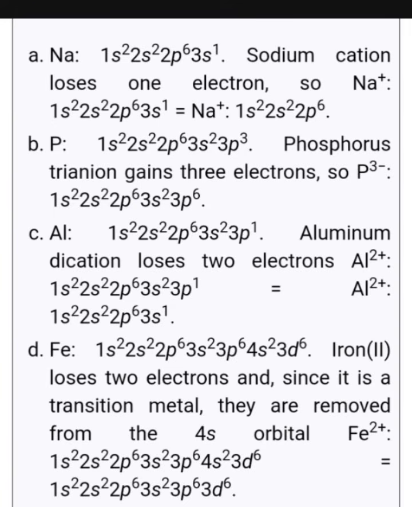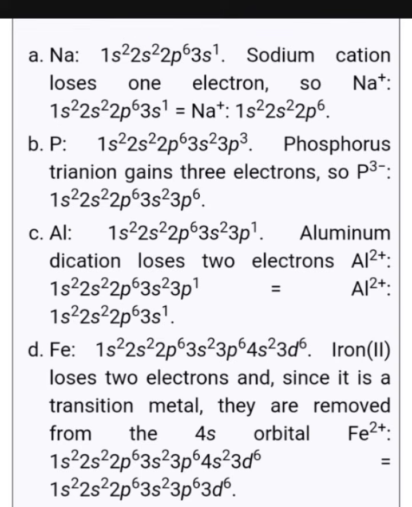So we remove the electrons from the 4s, and we'll now have 1s2, 2s2, 2p6, 3s2, 3p6, then 3d6. The 4s2 will be removed since it's losing 2 electrons. So please take note of that, in case you are writing ionic states of transition elements, so that you will know what to do.